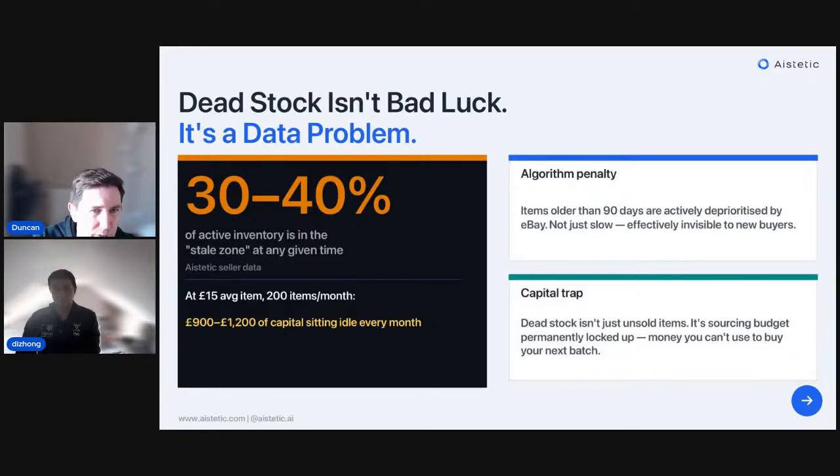The point of this is not bad luck. What we're talking about is a data problem. At any one point, 30 or 40% of your active inventory might be in this kind of stale zone. And we see this a lot across the market: if you're pricing at an average price point of £15, maybe £20, with 200 items a month, we're talking about more than £1,000 of capital just sitting there idly.